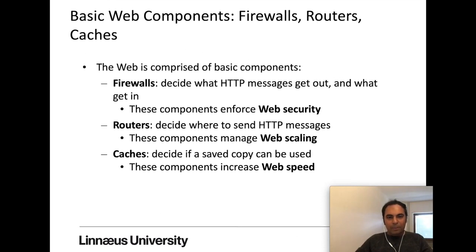In web applications or in the web world, there are three basic components: firewalls, routers and caches. What a firewall does is decide which HTTP message will be accepted and sent both from and to your browsers and the application server.